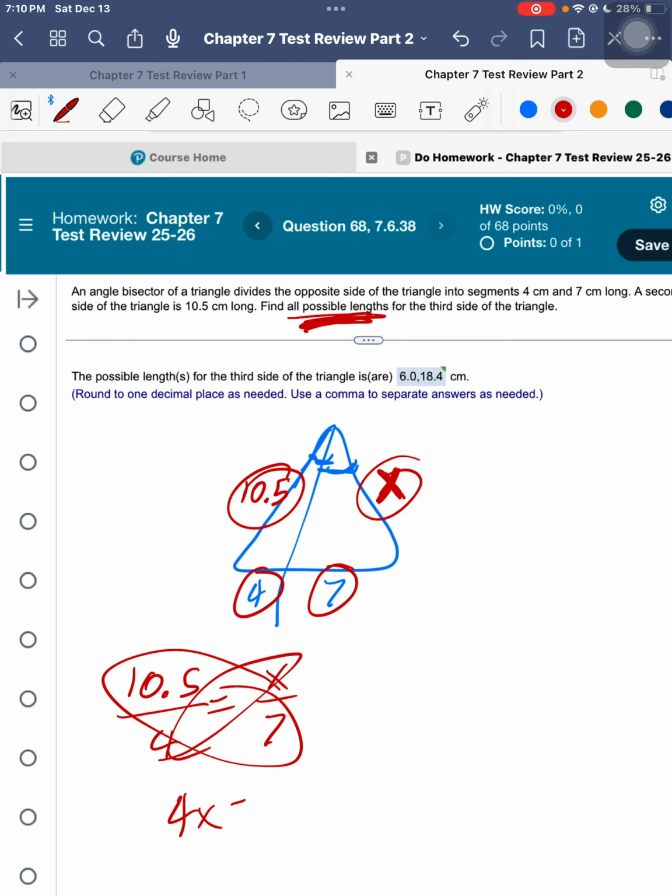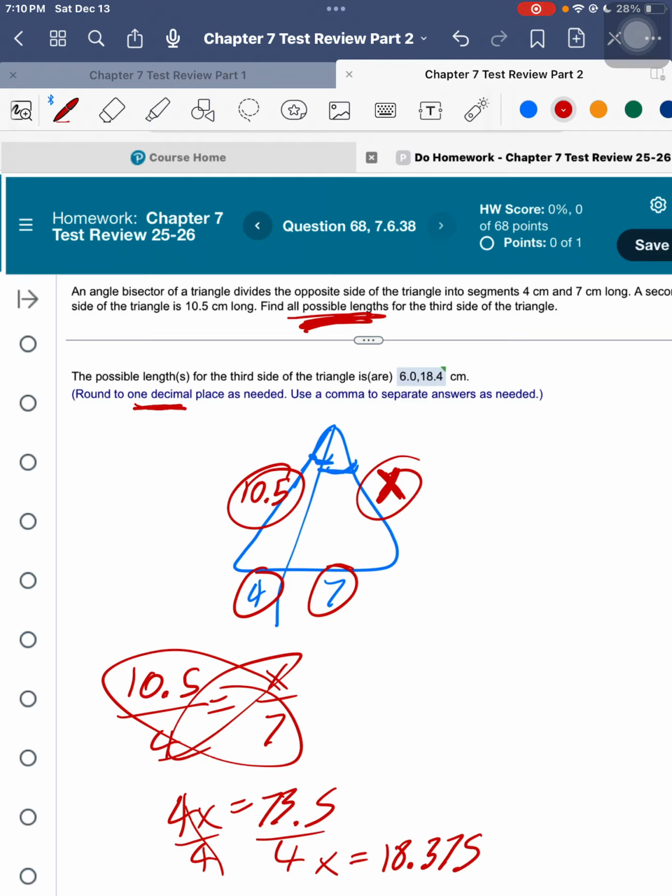This is 73.5 divided by 4. So my x is equal to 18.375. But how do they want me to round?